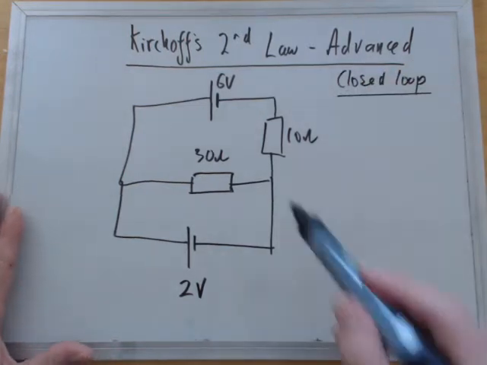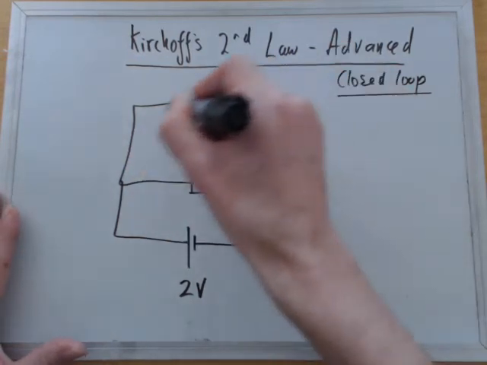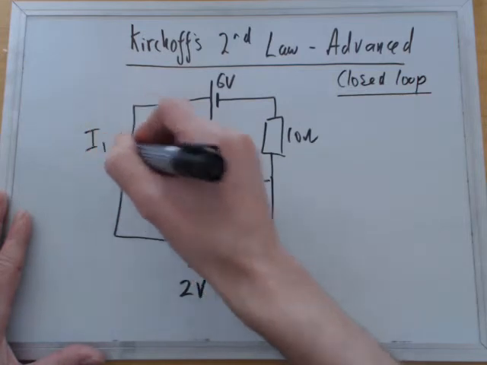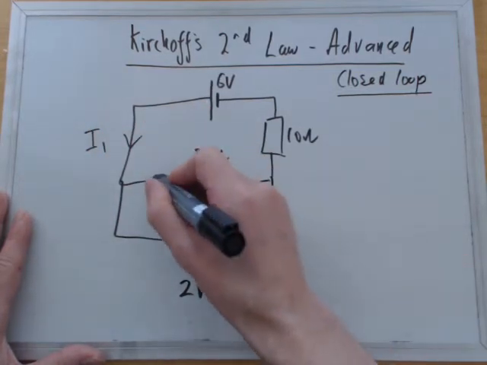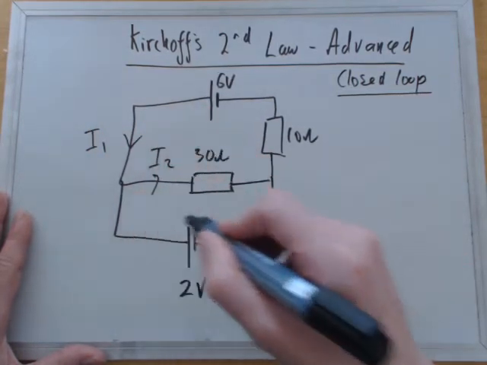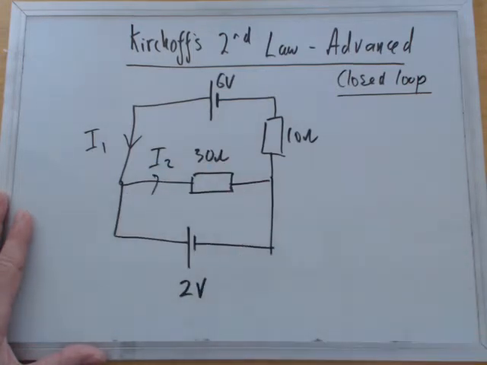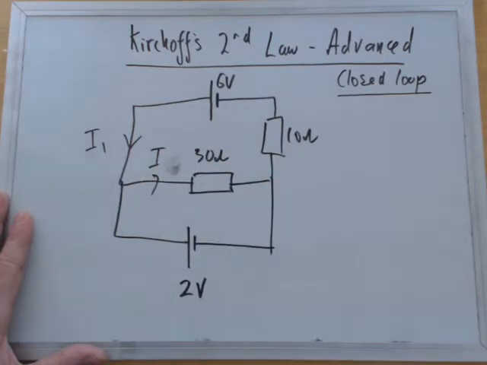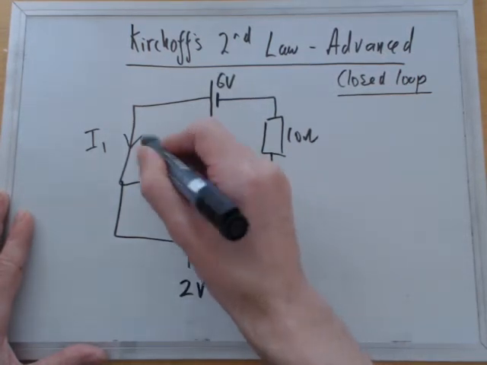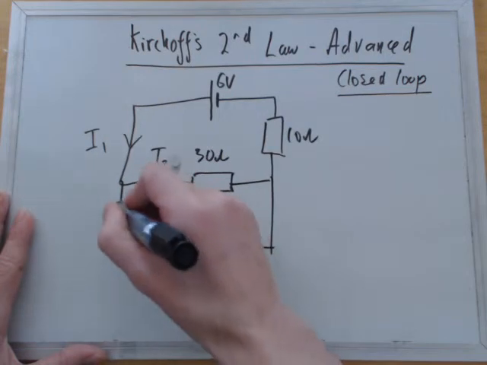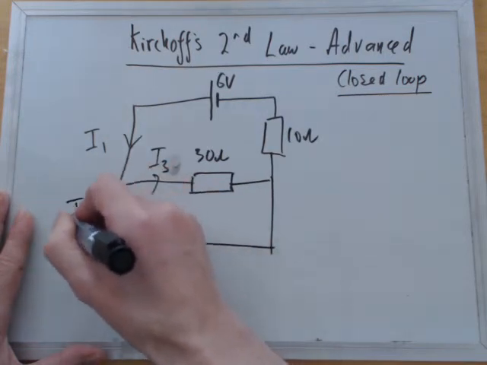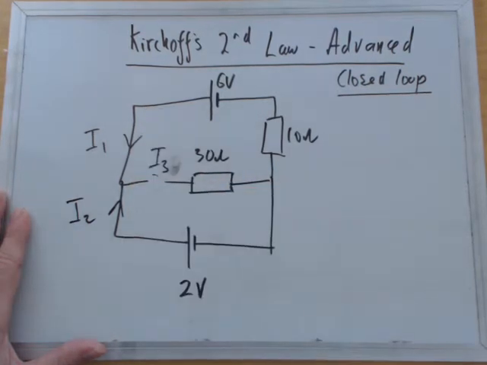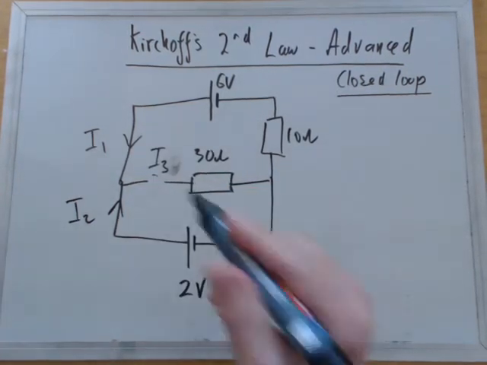So one closed loop we could look at is this closed loop here, and let's put on some currents. Maybe that's I1, this is I2 there. Oh no, let's do it more like the example before. Let's call that I3, and we'll have a current going in this direction, I2, because currents can enter junctions from opposite directions.